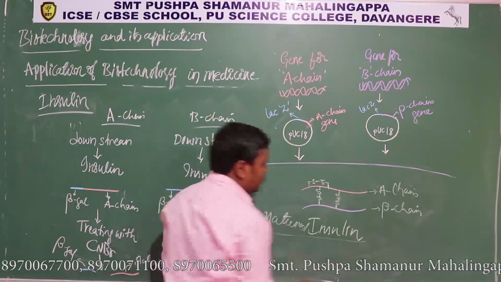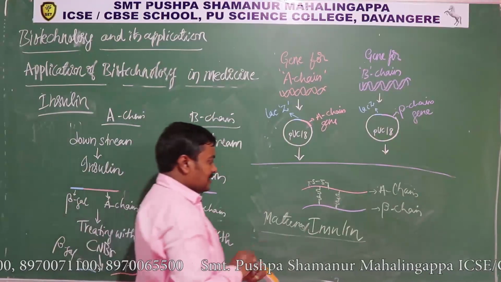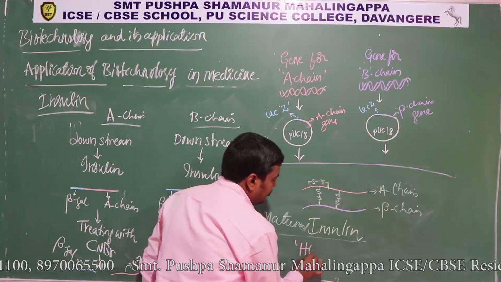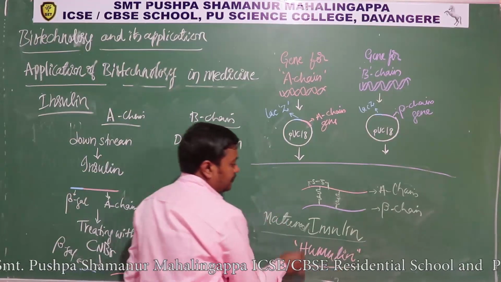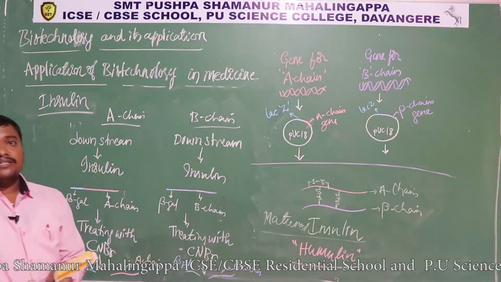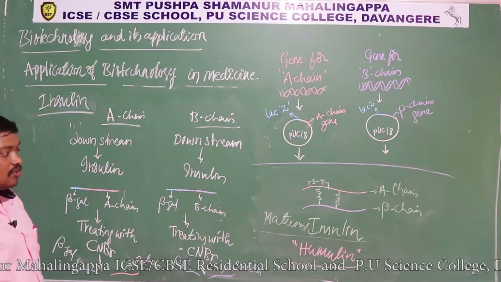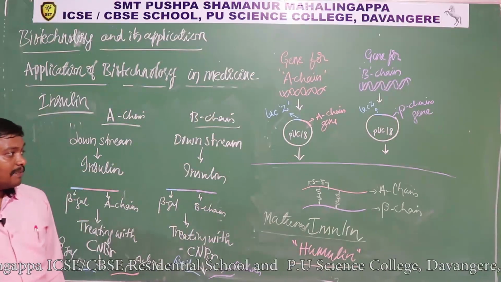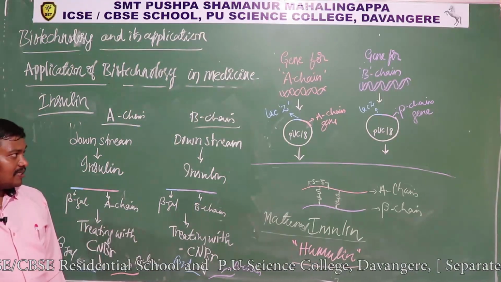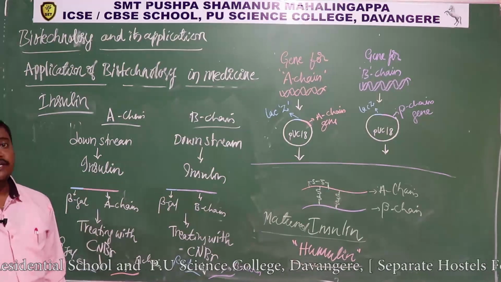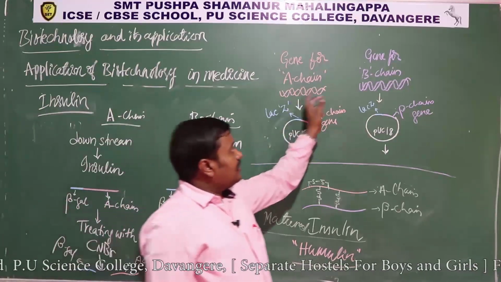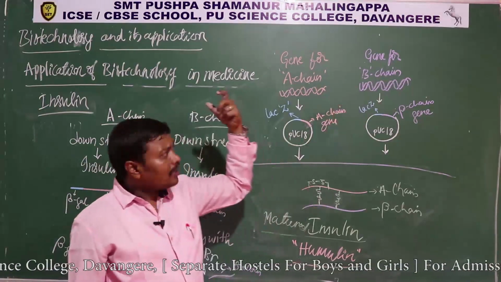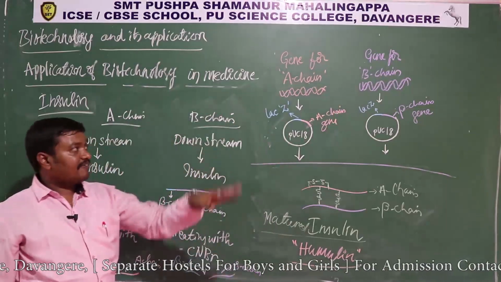This is matured insulin and they sell it in the name of Humulin. Okay, so this is how artificial insulin called Humulin is produced by biotechnological tools by a company called Eli Lilly in 1983. So let me brief it again. They isolated A chain and B chain producing genes separately from B cells of pancreas.